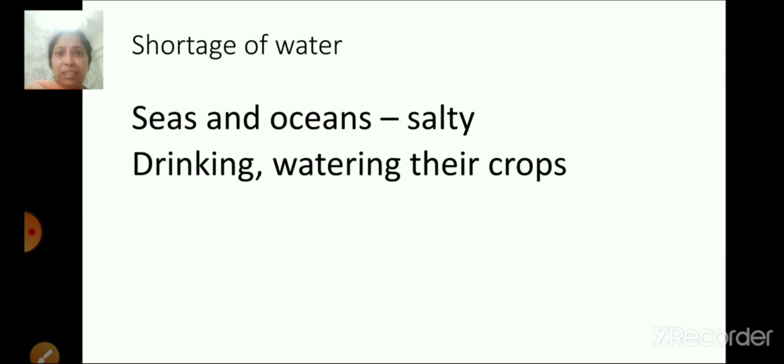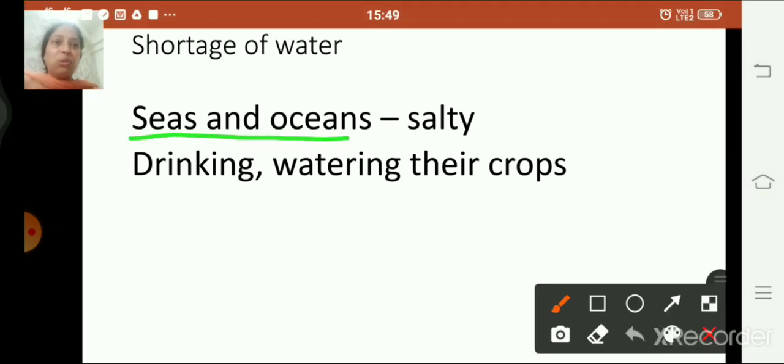What are the reasons for this? Just think and answer. Yes? This is because water in the seas and oceans is salty. Can we use seawater for drinking? No, isn't it? So, it cannot be used for drinking or by farmers for watering their crops.